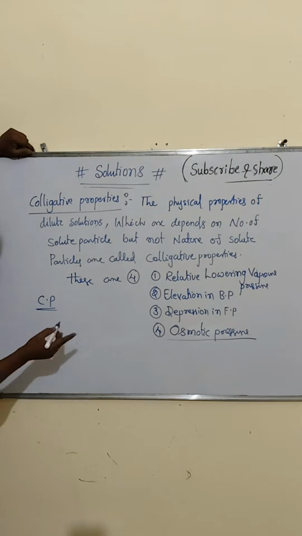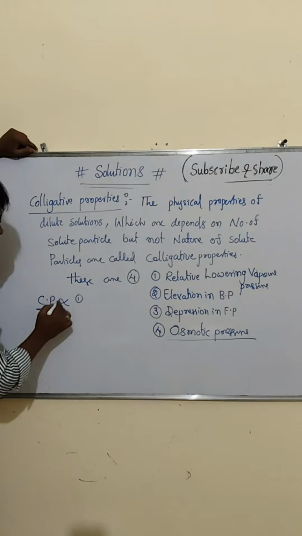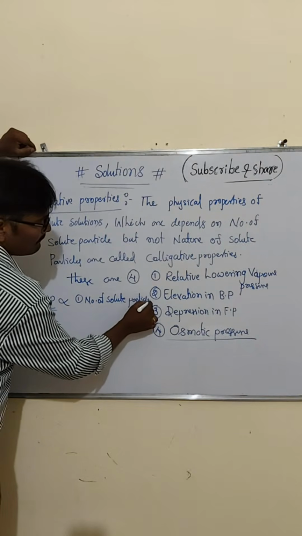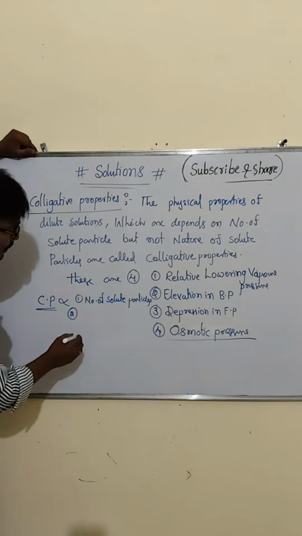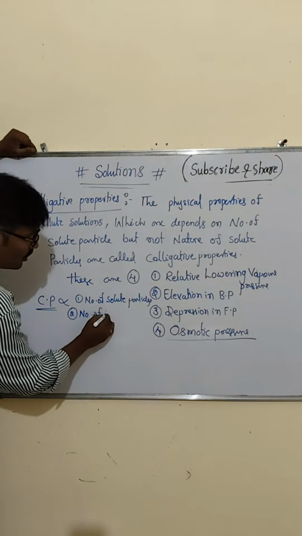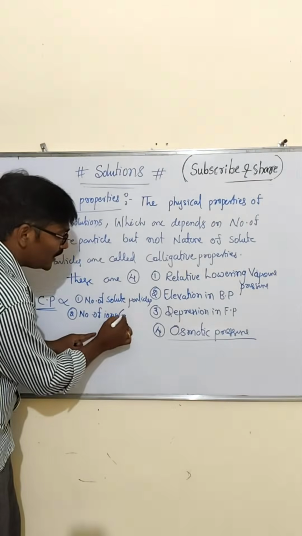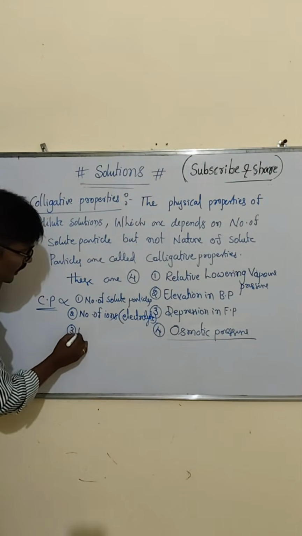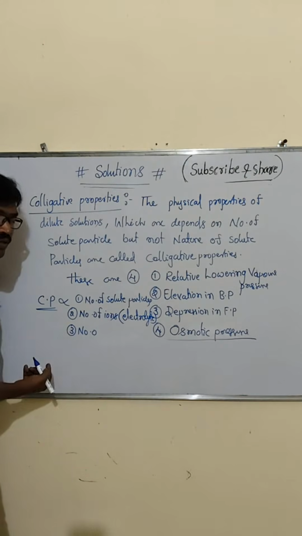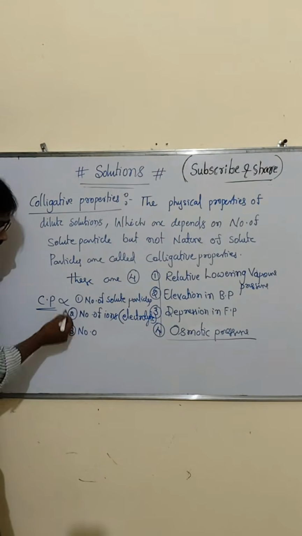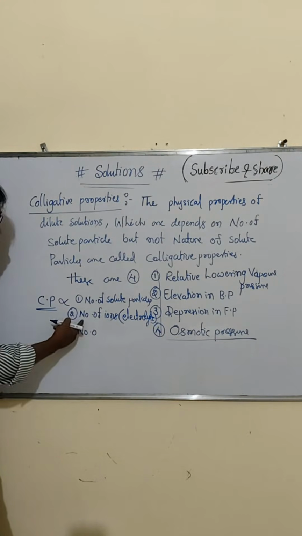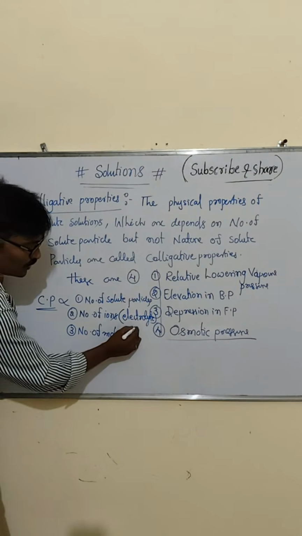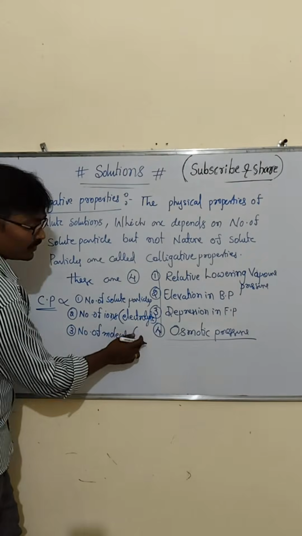Just assume Cp as colligative properties, which are directly proportional to number of solute particles, then directly proportional to number of ions in case it is electrolyte, and number of molecules in case it is non-electrolyte.